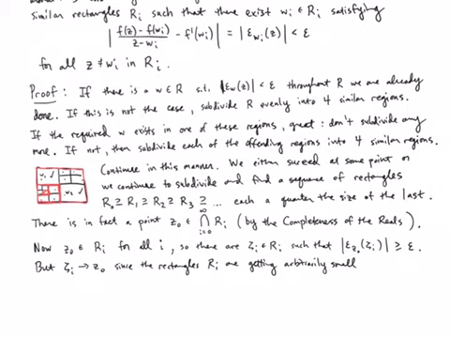But zeta i goes to z naught since the rectangles are getting arbitrarily small. And f is supposed to be differentiable at z naught.